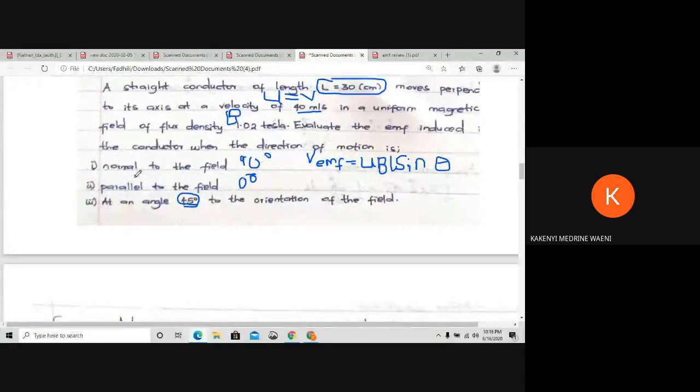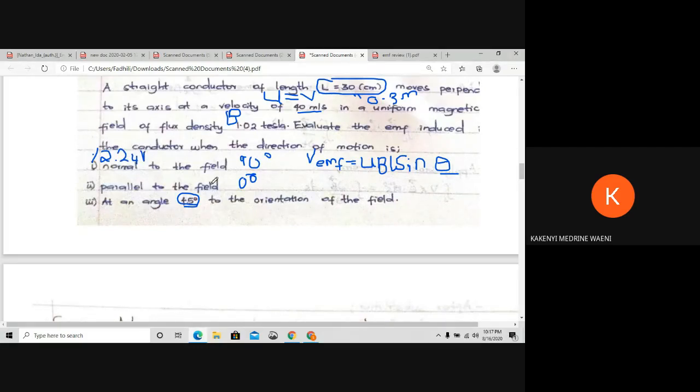When you input this here, U is 40, B, you change this into meters to be 0.3 meters, and sine theta, where theta is 90. When you calculate it, your answer is 12.24 volts.